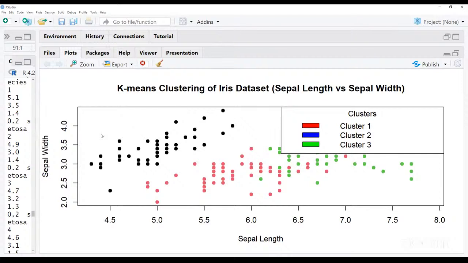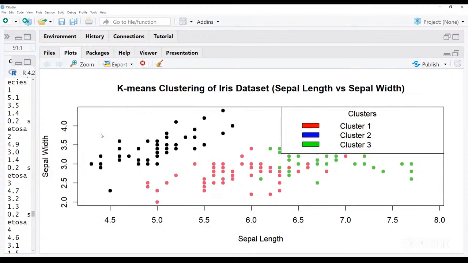Just like the scatter diagram, no? Yeah, this is the scatter plot. And here you can find cluster 1, cluster 2, and cluster 3. Okay. So three colors are there, red and green.